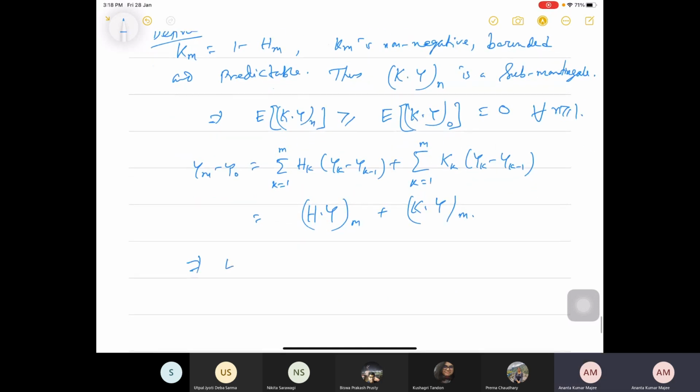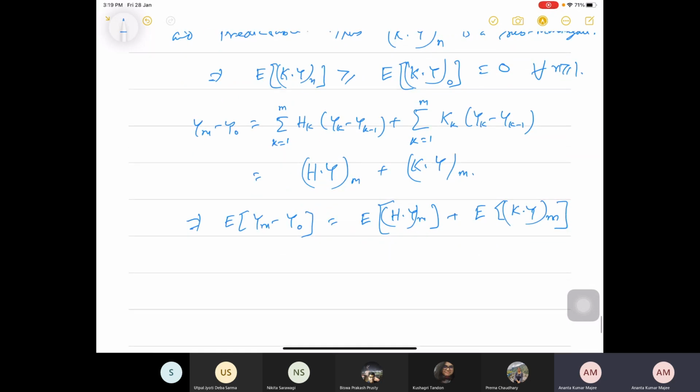So this implies, if you look at the expectation of Y_m minus Y_0, what is that? This should be less than or equal to the expectation of (H·Y)_m plus the expectation of (K·Y)_m. Now we already know that this part is greater than or equal to 0, which we have seen from here.